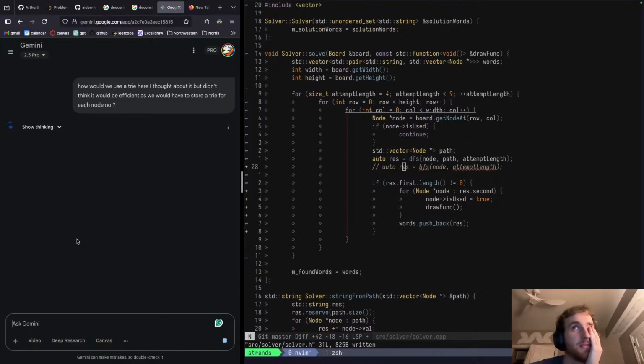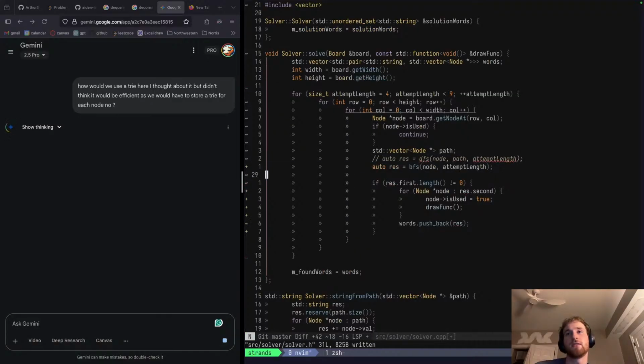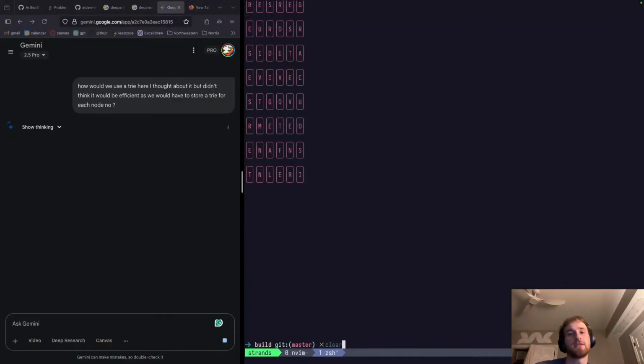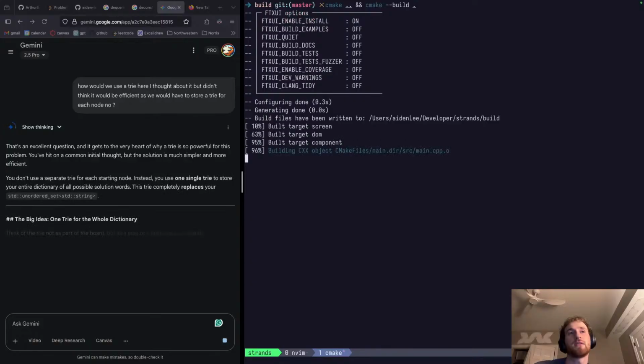Also, I think I'm not going to implement the try, but I'm just going to call it here with the BFS, but I do want to just check it out and make sure this is working.